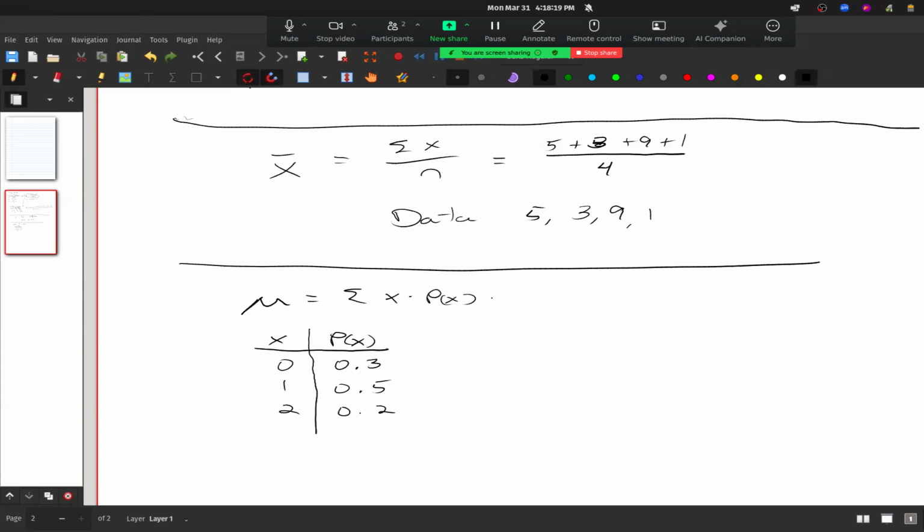So to use this formula to calculate the mean of a probability distribution, what you do is you take, for each x, that x and multiply it times its probability, and then the sigma tells you to add them all together. So you just take 0 times 0.3 plus 1 times 0.5 plus 2 times 0.2, and then you figure out what that is, and that'll be your mean of your probability distribution.